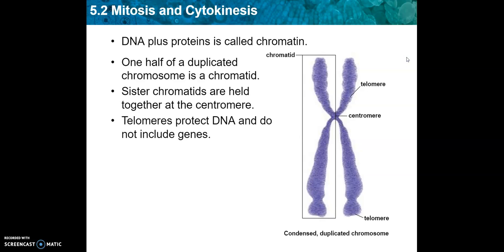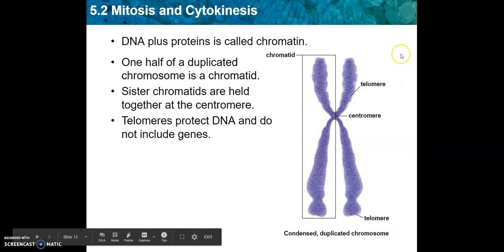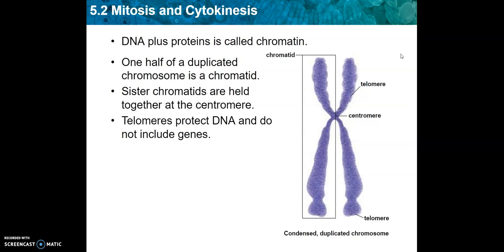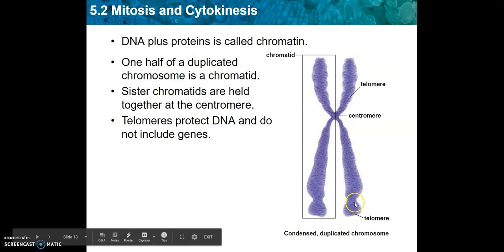At the very ends, we find what are called telomeres. A telomere is kind of like an eraser on the end of a pencil. It's still important and it serves a function, and its job is to protect the DNA. So if you think all the good parts of the DNA are up here, the parts that code for all the proteins that make up who you are, this end right here, its purpose is not to control any protein production or genes.